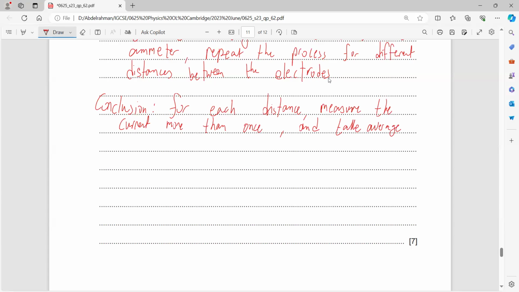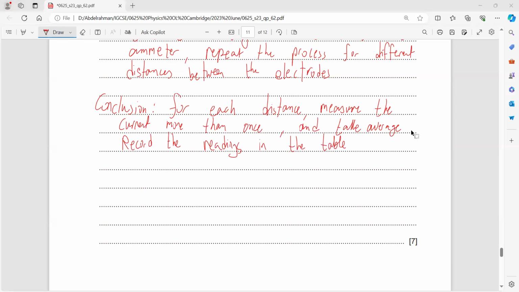After I measure the current and take the average, what should I do? I have to record the readings in the table. After I record the readings in the table, what do I do?